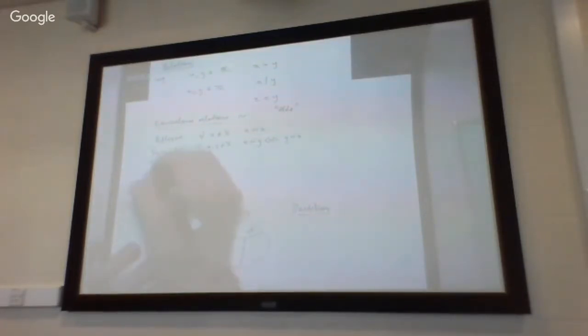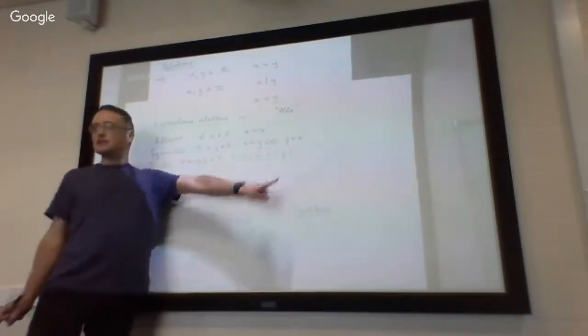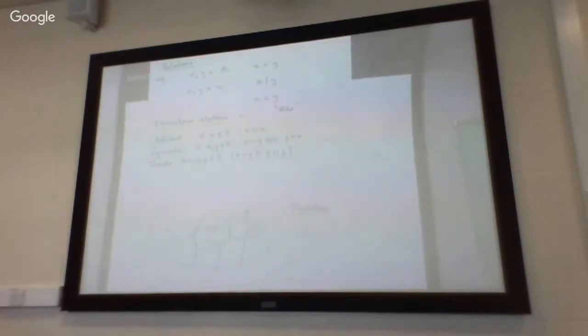And then the last one is transitive. Transitive refers to a state of affairs between three elements. It refers to the situation where you have X related to Y, and that same Y related to something else, Z. It must also then be the case that X is related to Z as well.